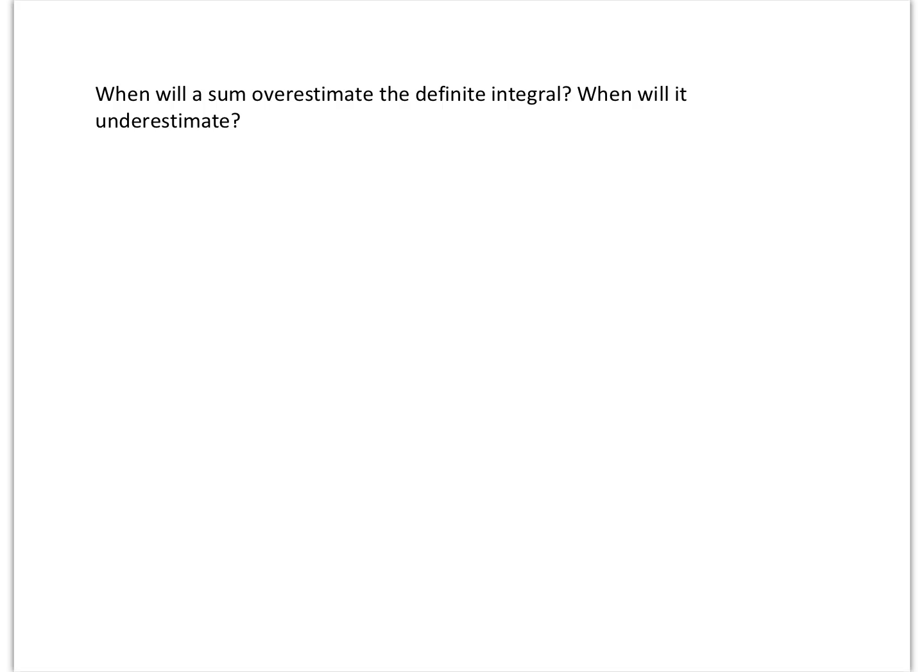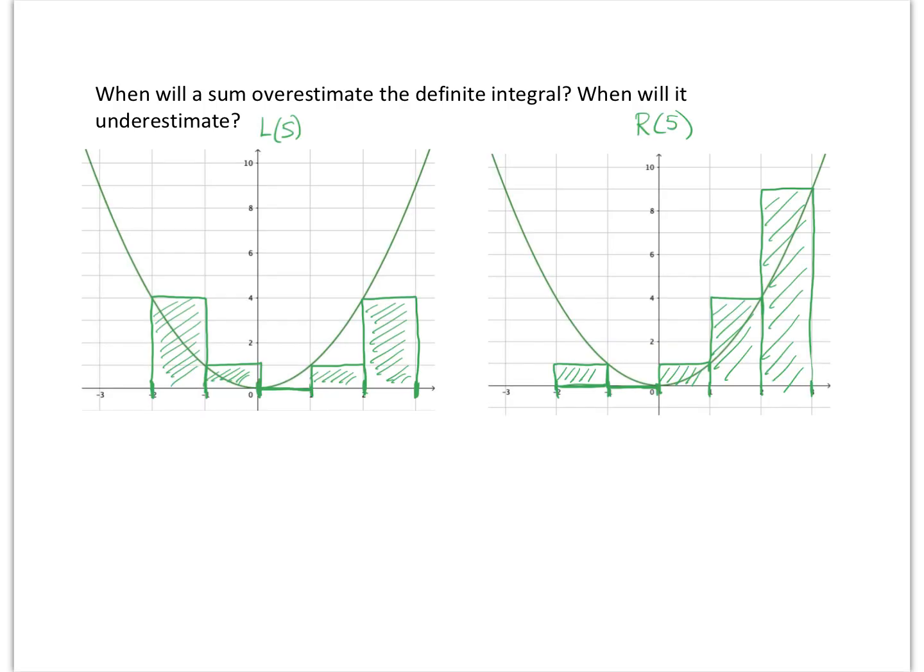When will a sum overestimate the definite integral and when will it underestimate? Let's look at the 2 examples we just did to see if we can get some insight to answer this question. So I grabbed L5, which I drew the rectangles for, and R5, which I drew the rectangles for. I want to look at where each of these is an underestimate versus an overestimate.